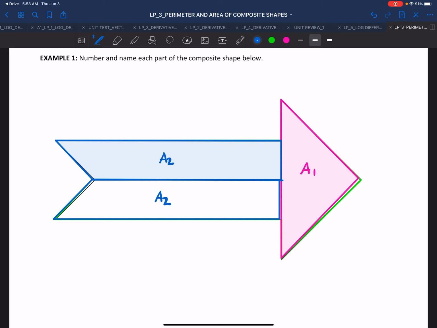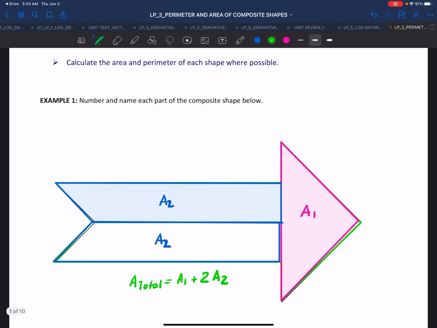So if we were to describe the total area, we'll say that it would be equal to area A1 plus 2 area A2s. Now, when it comes to the perimeter, obviously, we will need to label each side length.